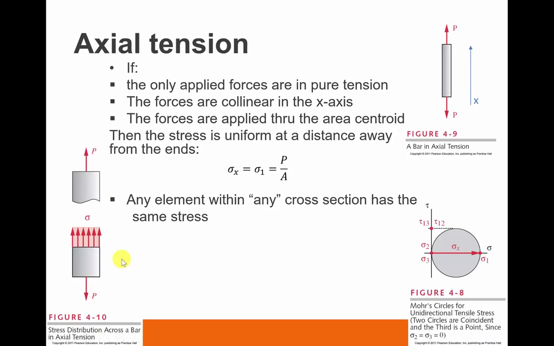If we were to do a Mohr's circle for this loading condition, it would look like this. This has all three circles because sigma 2 and sigma 3 are equal to 0. Shear does exist in this stress state, but only indirectly. So we've got the stress that we're creating, this P over A, is the principal stress that's occurring within the part.